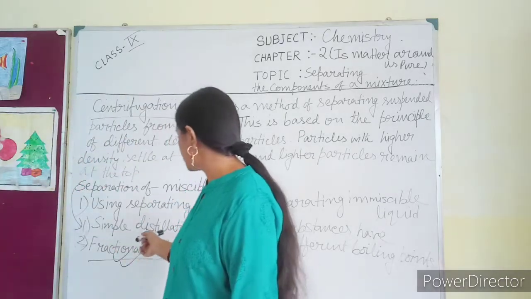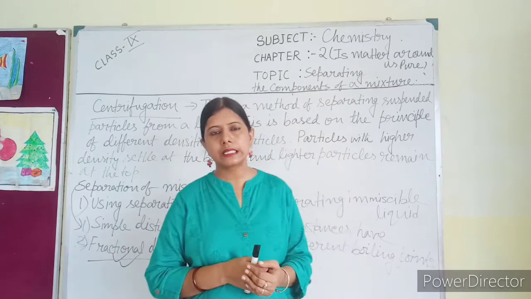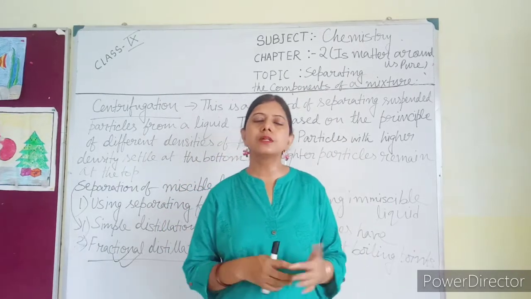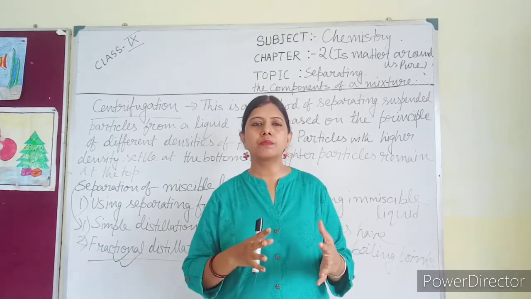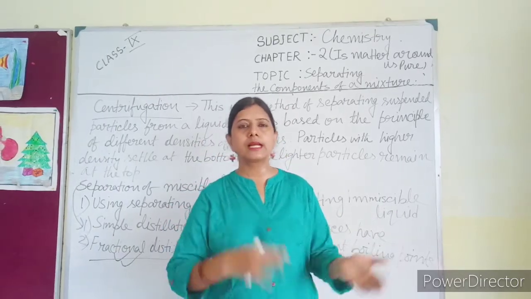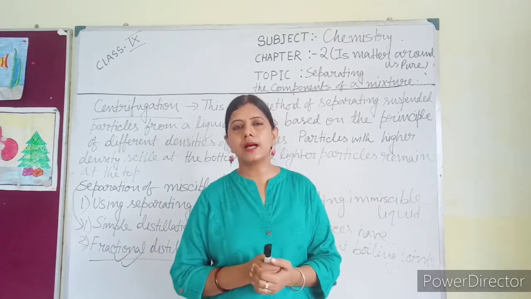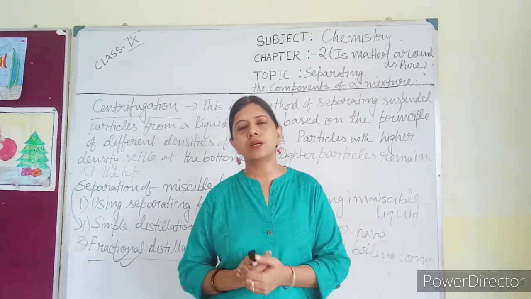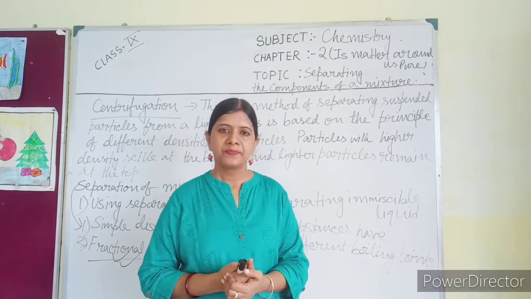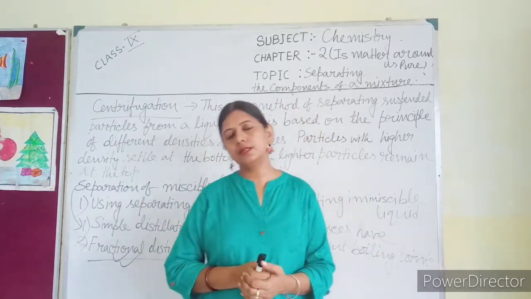What happens in the case of simple distillation? If the difference is not 25 degrees Celsius, it is not possible for you to maintain the temperature very carefully. So sometimes it may happen that both change into vapor state and both are collected after condensation. So again you get the mixture. To avoid that, the fractional distillation method is used.